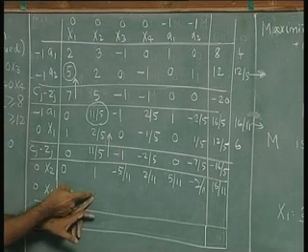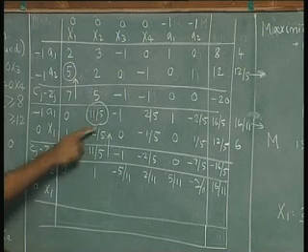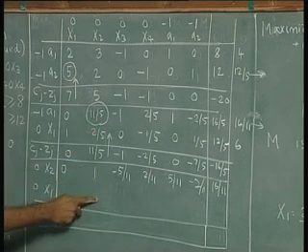You need a 0 here. So, this minus 2 by 5 times this would give us a 0.